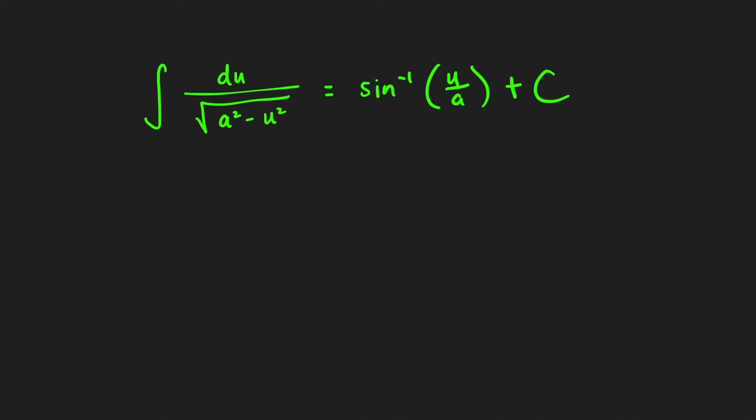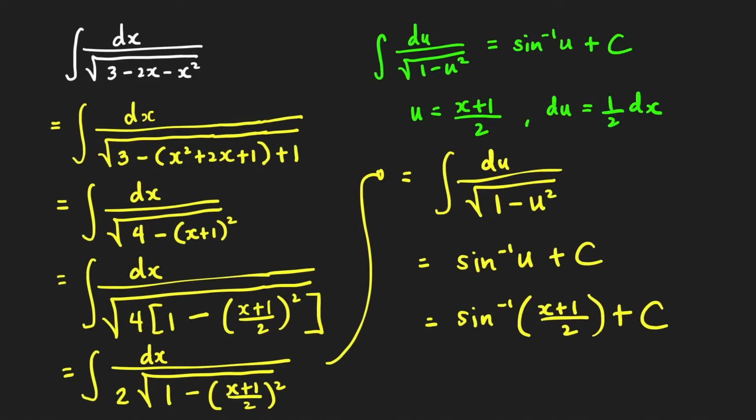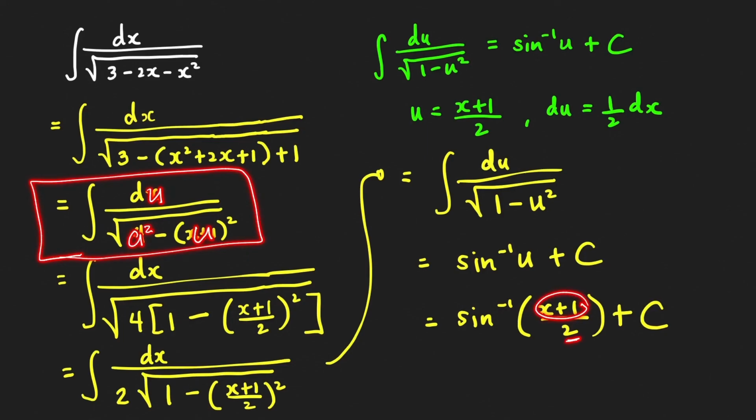And if we know this formula, then we can easily evaluate our last integral, because as you can see from here, this is already in the form integral of du over square root of a squared, where a is equal to 2, and then minus u squared, where u is equal to x plus 1. So its integral will be sine inverse of u over a, and our a is 2, and then plus c.